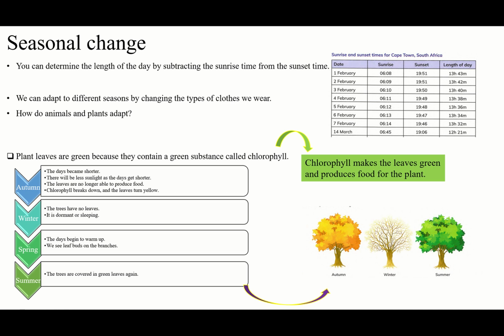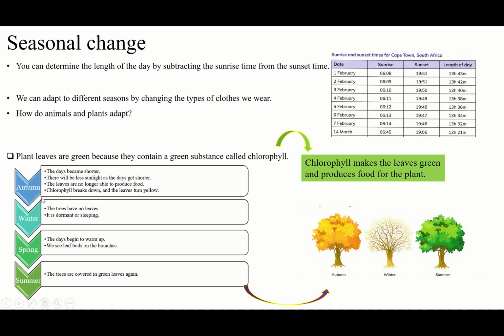So let's see. This is very important. In autumn, the chlorophyll will break down, and the leaves turn yellow or red, or here we have it kind of orange. You see? So you have to know this point, which is very, very important. In which season is the chlorophyll going to die? In autumn.